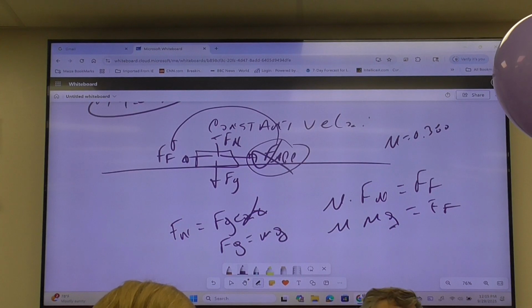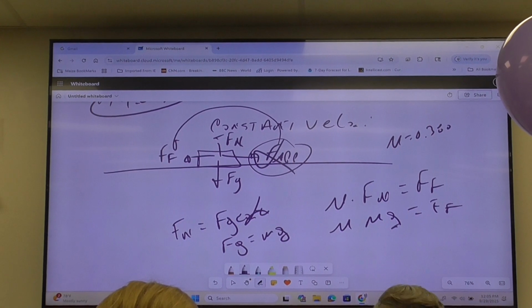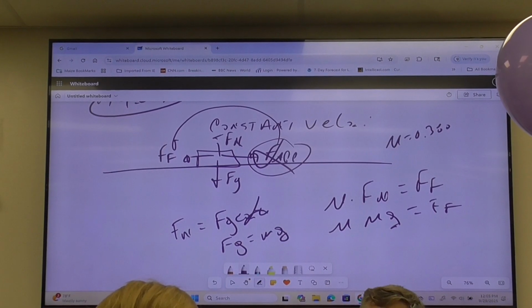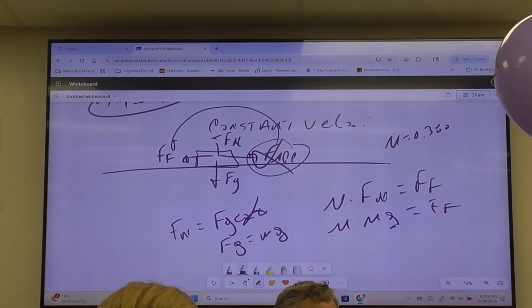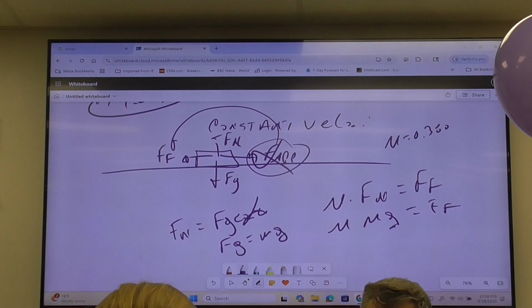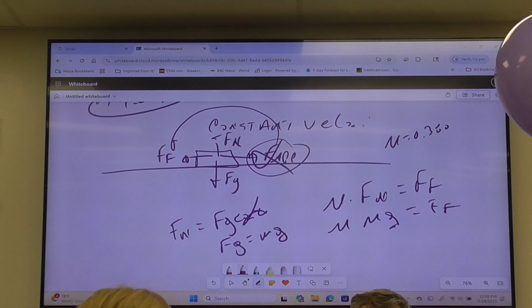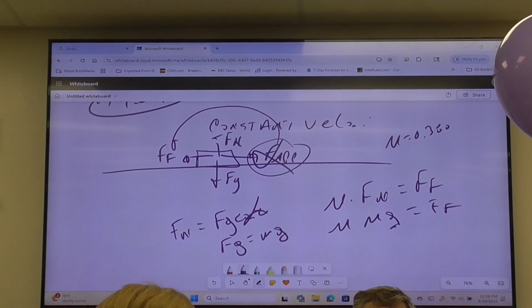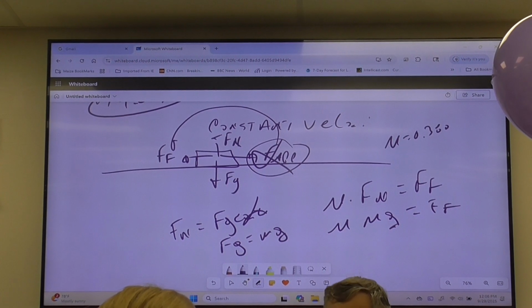Now, do not confuse inertia with a force. Does this object, this block, whatever it is, want to keep moving? Absolutely. It has inertia. It wants to maintain that state of motion. But once you stop pushing it, there is no force acting in that forward direction. So does it want to keep moving?